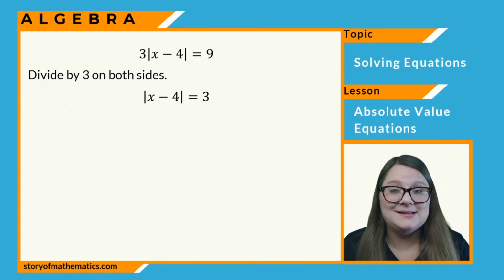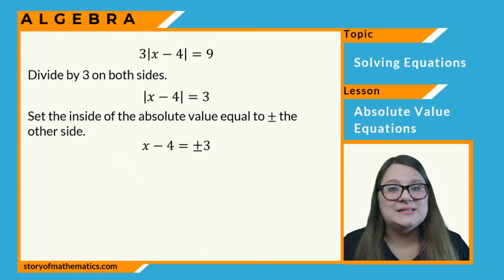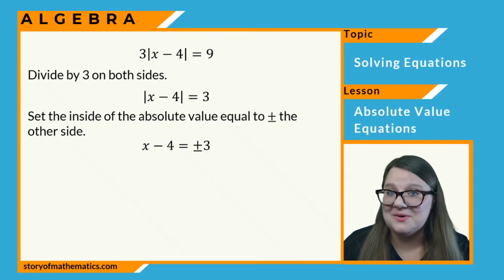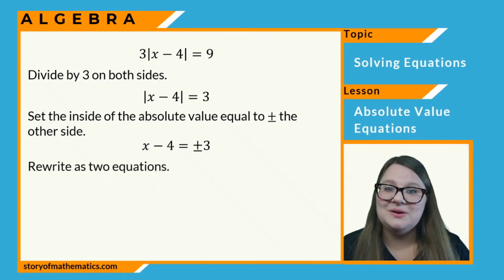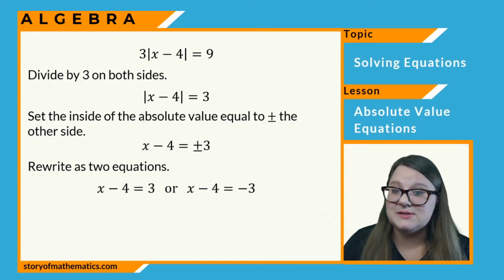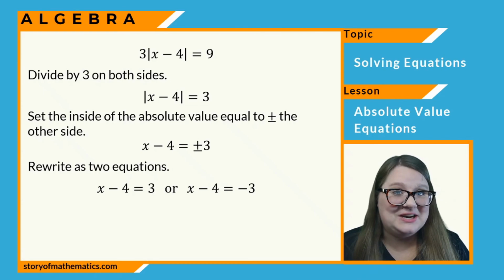Now the absolute value is by itself. I can set what's inside of it equal to plus or minus the other side. So x minus 4 equals plus or minus 3. This means I can rewrite it as 2 equations: x minus 4 equals positive 3, or x minus 4 equals negative 3.